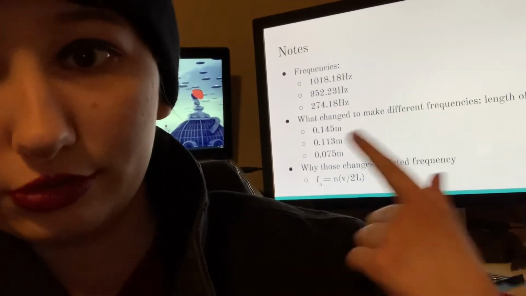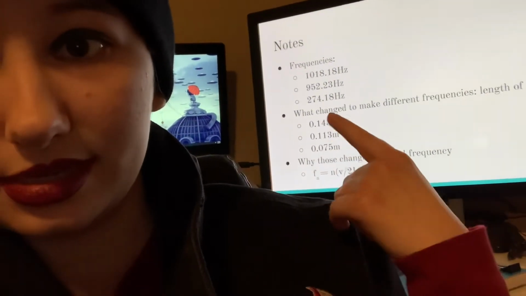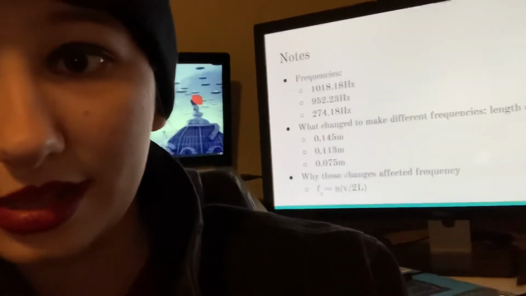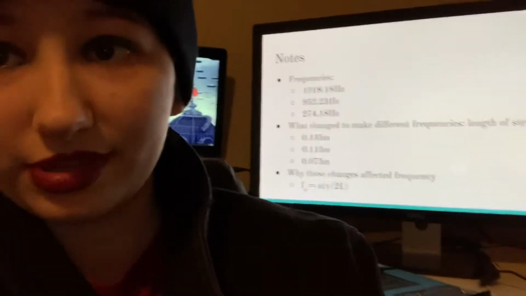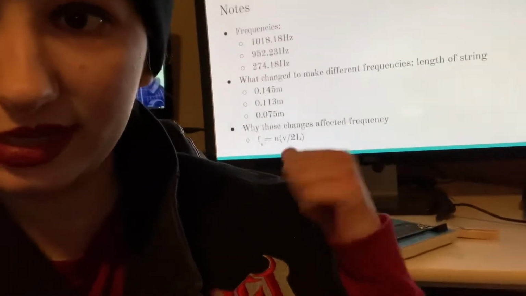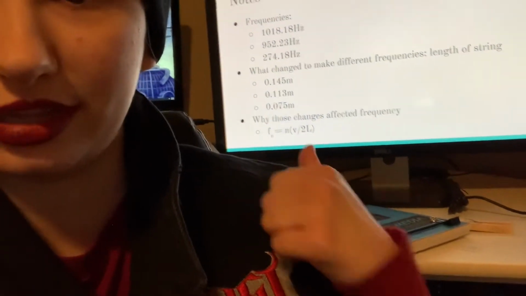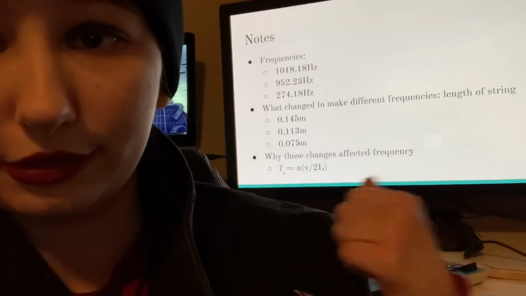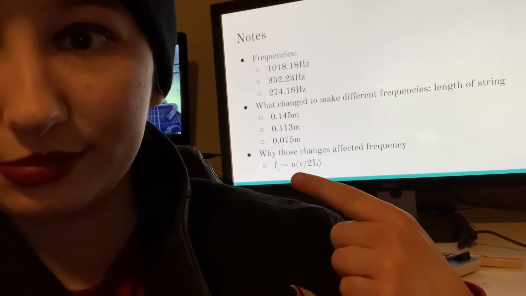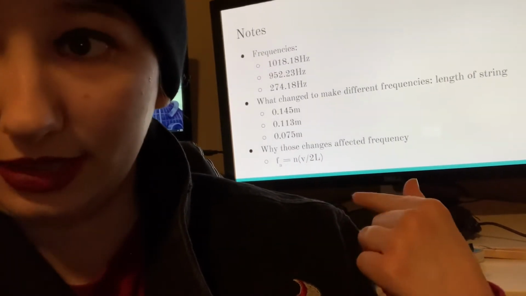And the shortest length has the greatest frequency and the highest note. And so that proves that length does affect frequency, and you can see it in the equation that we use. Frequency equals the harmonic times wave speed divided by 2 times the length.